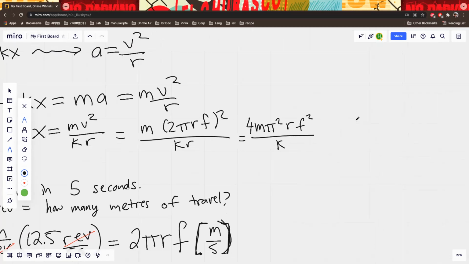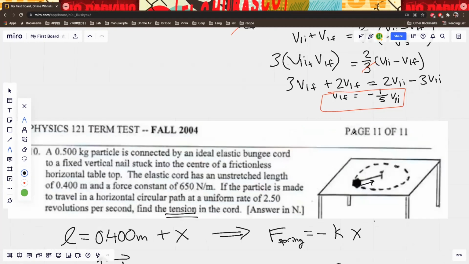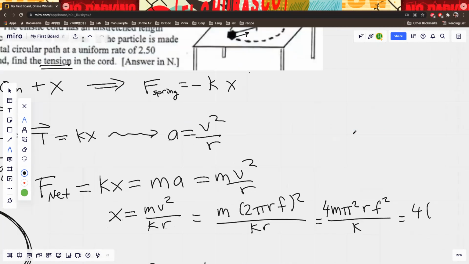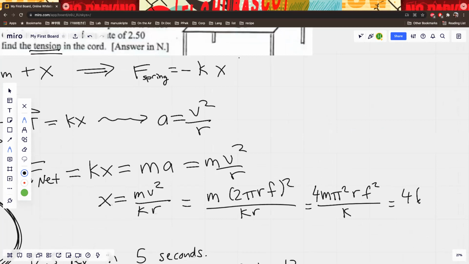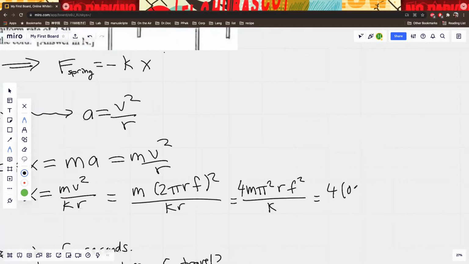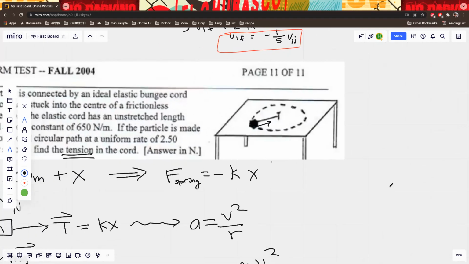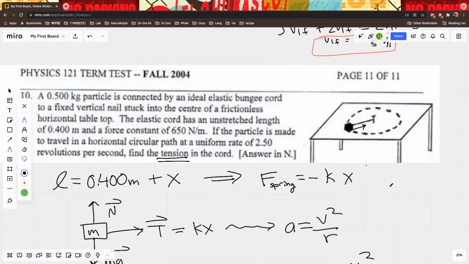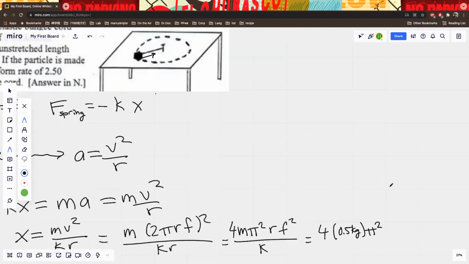That equals 4 times the mass. Mass was 0.5 kilograms. Pi squared is just a number. The radius they gave us was 0.4 meters.